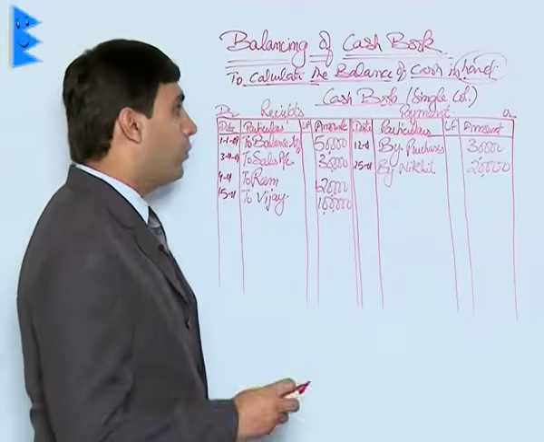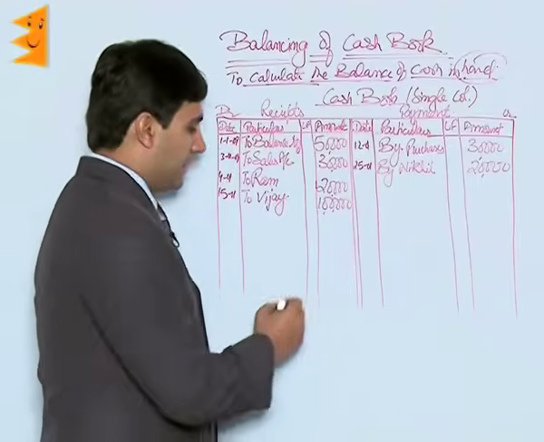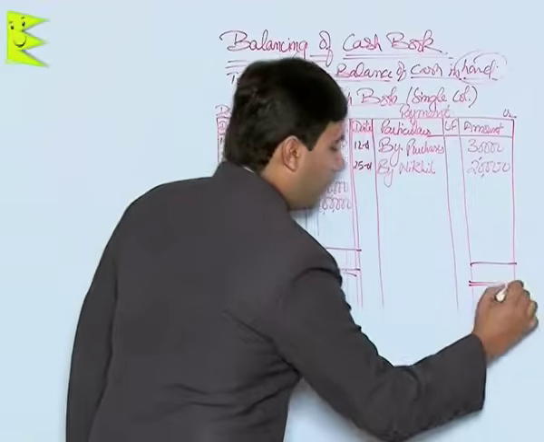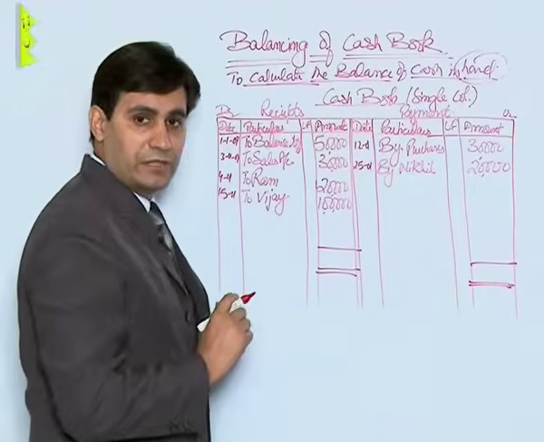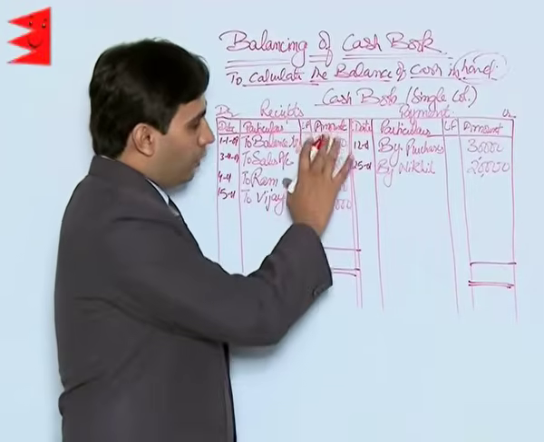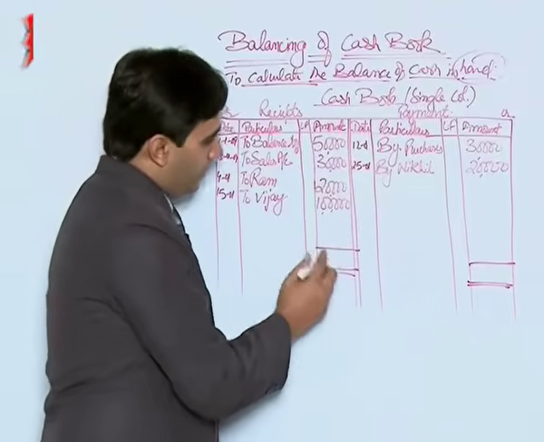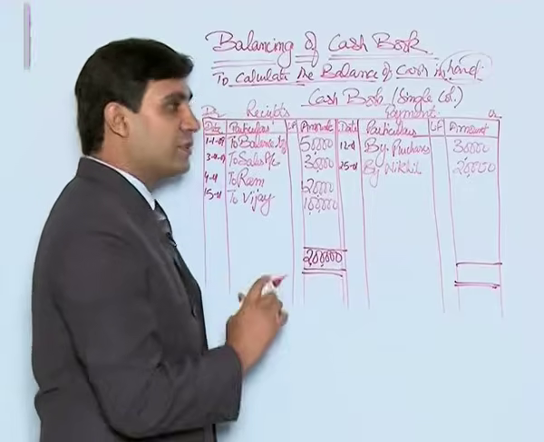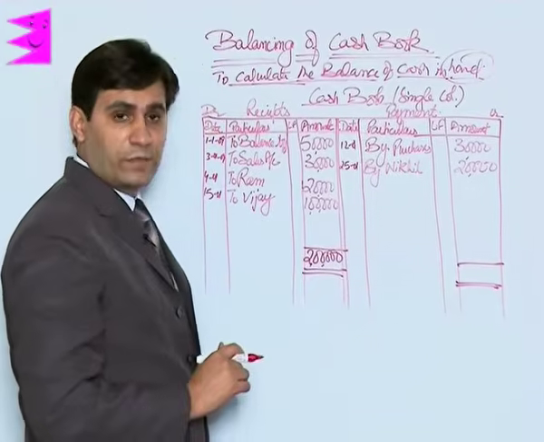Now, how do we find the balance? In this case, we will total out the debit side first. Now, the total on the debit side is rupees 2 lakh. Now students, this total is greater than the credit side.